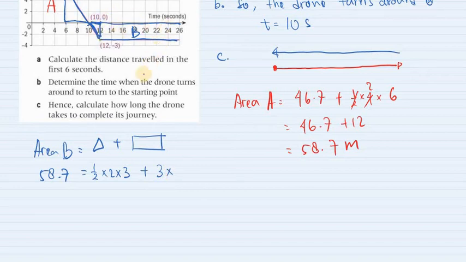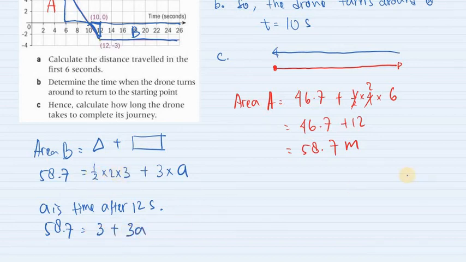The length of this is unknown. Let's make a new variable. Let's call it A, where A is time after 12 seconds. So we will have 58.7 equals with half times 2 times 3, which is 3, plus 3A.